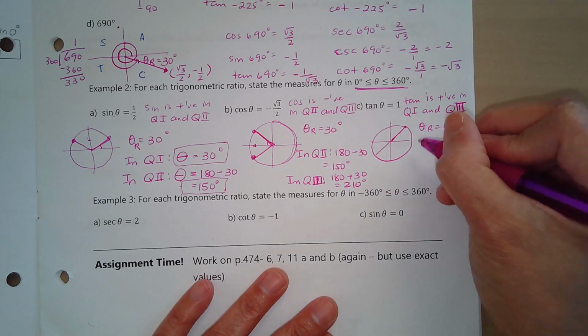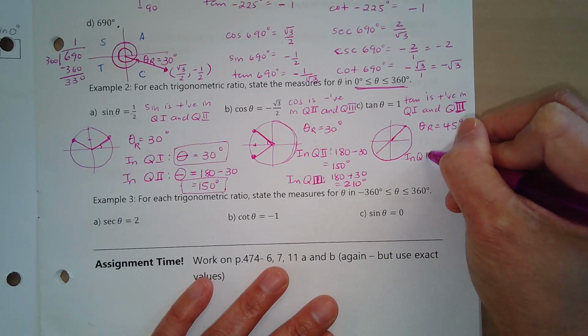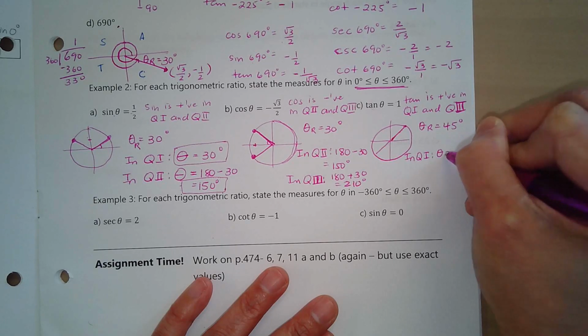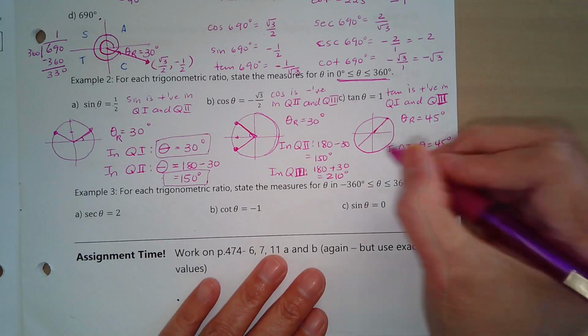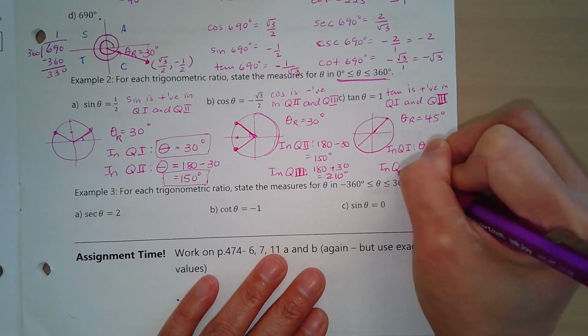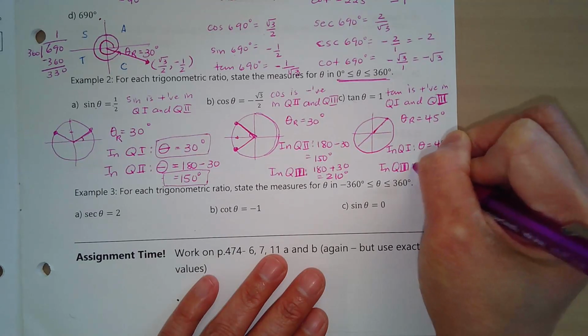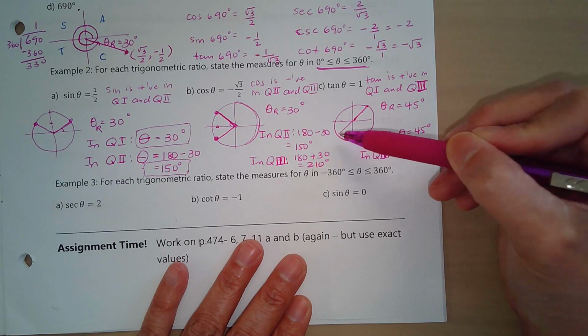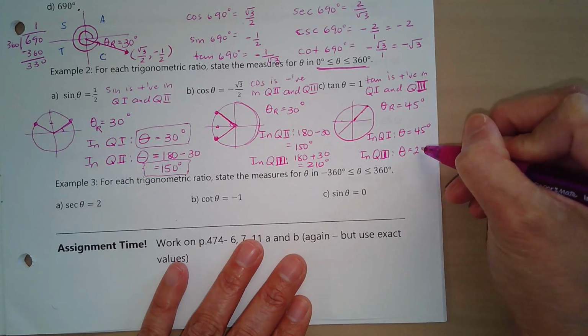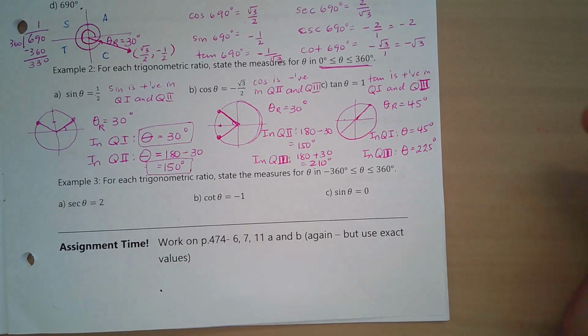So in quadrant 1, theta is equal to 45 degrees. In quadrant 3, theta is equal to 180 plus 45, which is 225 degrees. What do you think? It's pretty easy, right? Not bad. And you're starting to visualize. That's a great thing.